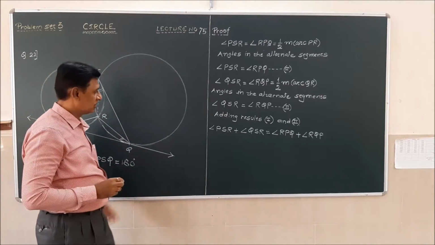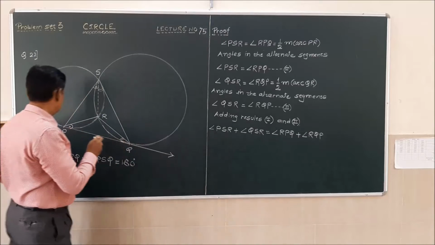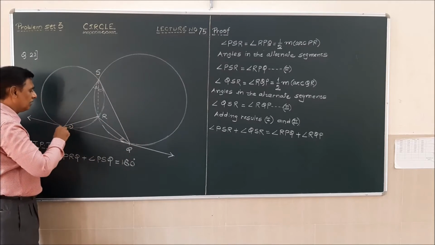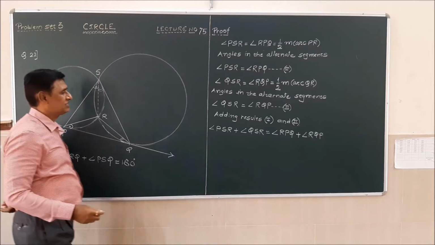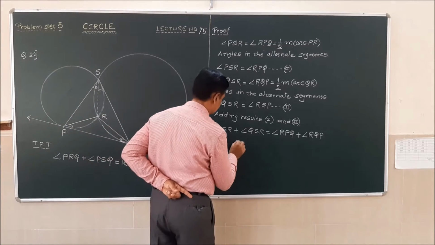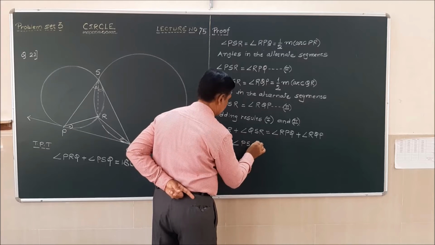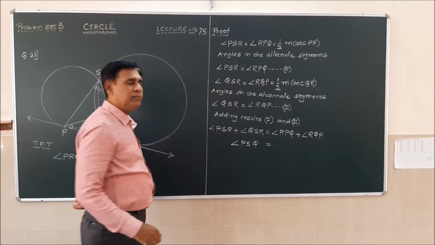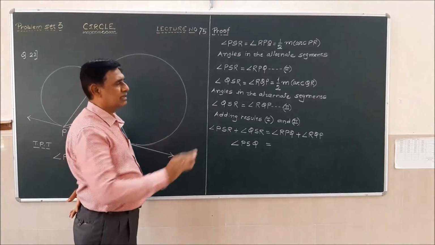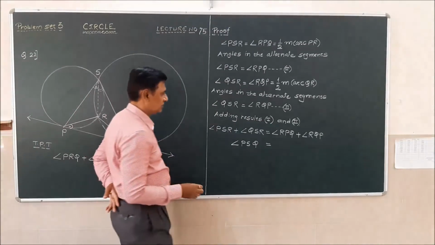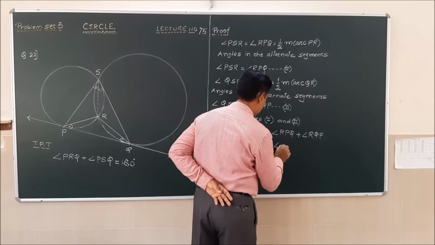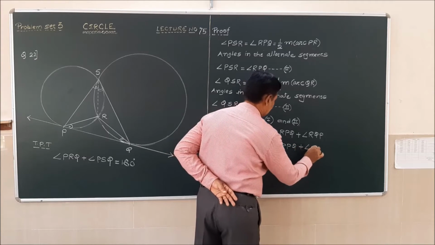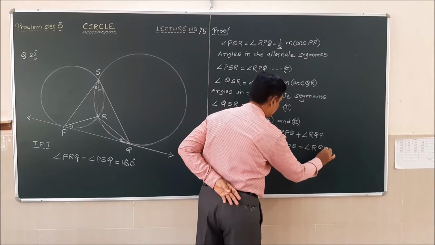Then, very important, PSR plus QSR will give me angle PSQ. So angle PSQ is equal to, the right-hand side we are going to keep as it is, angle RPQ plus angle RQP.